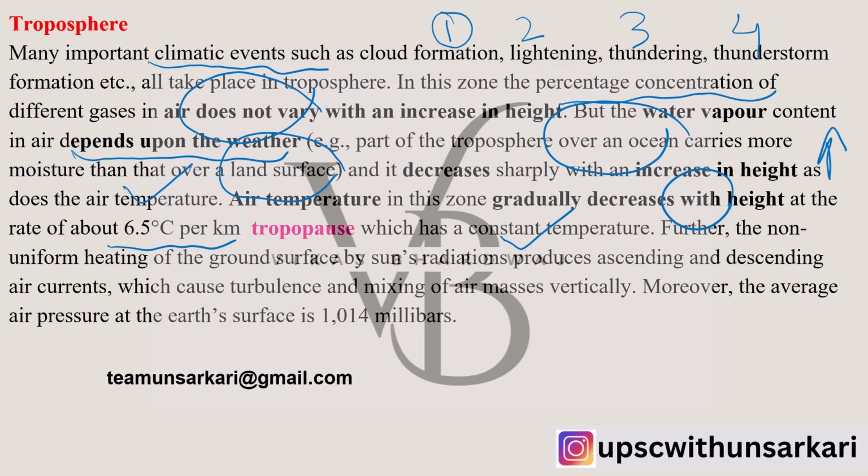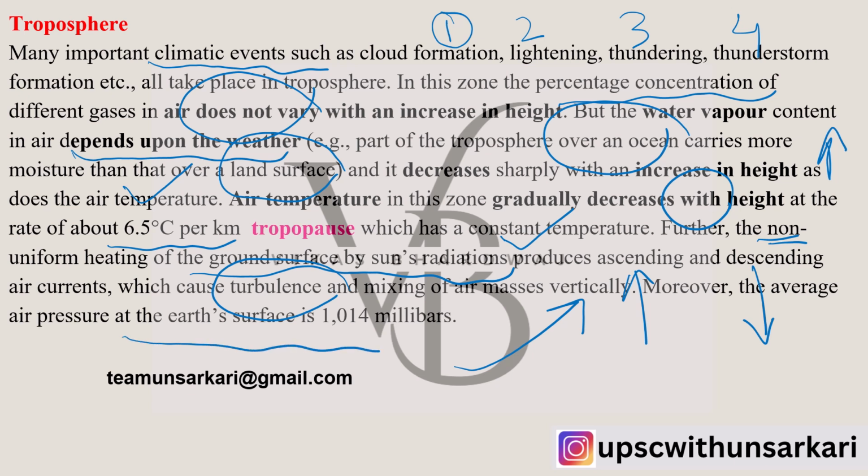Further, the non-uniform heating of the ground surface by the sun's radiation produces both ascending and descending air currents, which cause turbulence and mixing of air masses vertically. One more fact is that the average pressure at Earth's surface is about 1014 millibars. So you can just note this or make a diagram so that you can understand and revise it better.